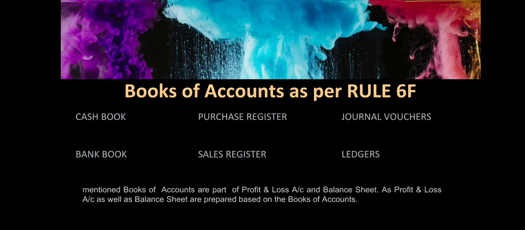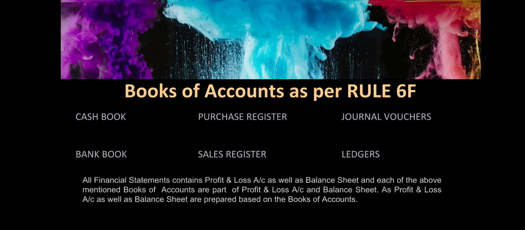All these are part of the financial statements, mainly the balance sheet and profit and loss account, as they are prepared from the combination of all these books of account. Under clauses 11 and 13, this information has to be filled in. Clause 11 asks whether books of accounts are maintained by the assessee, yes or no, as per Rule 6F.